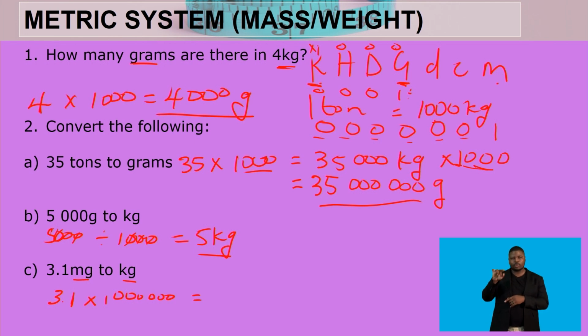So what does it give us? Maybe you might be confused by the decimal point, so we can do it on your calculator. You say 3.1 times 1 and 6 zeros. Do not forget, punch 6 zeros. Then it gives us 31 million. So it just moved the decimal point away, and then it gave us 31 million kilograms.